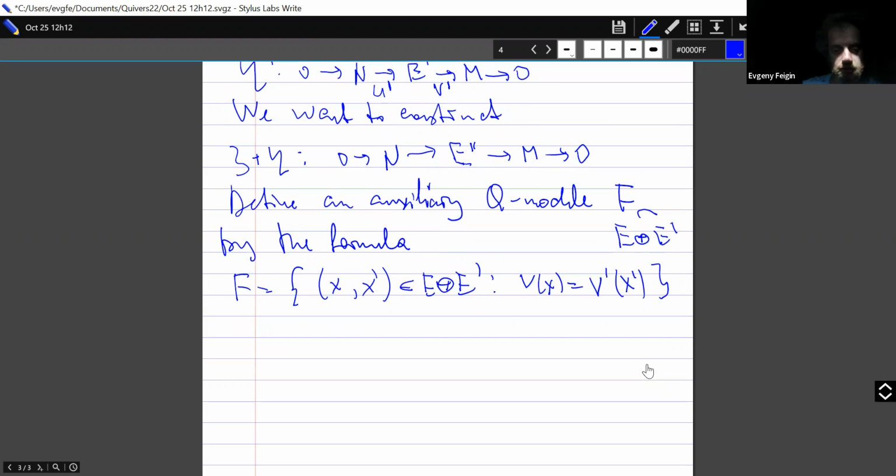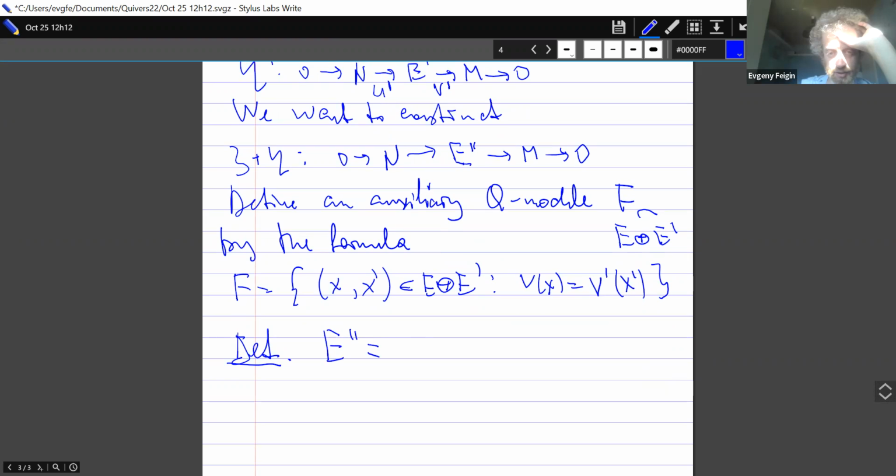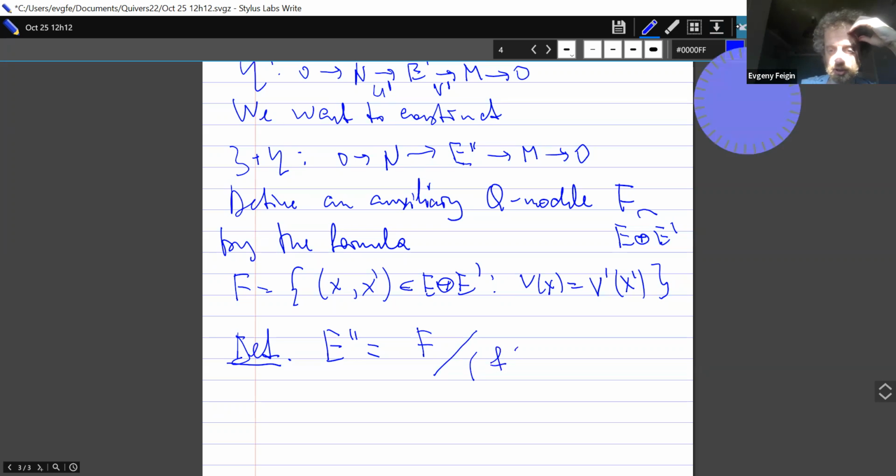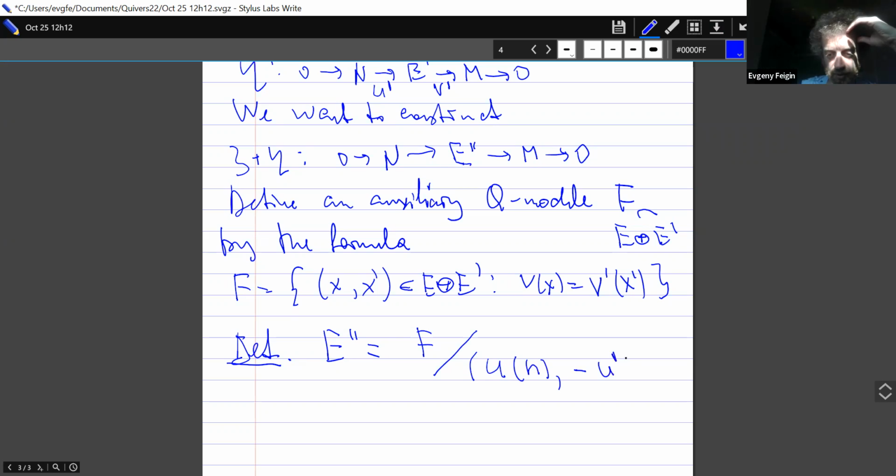And now in order to define E double prime, by definition, E double prime is the quotient of F modulo the following pairs. So these are pairs of the form u of n and minus u prime of n.